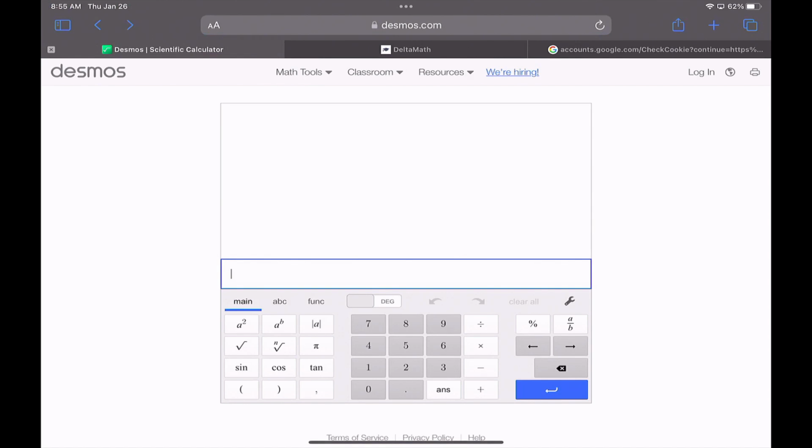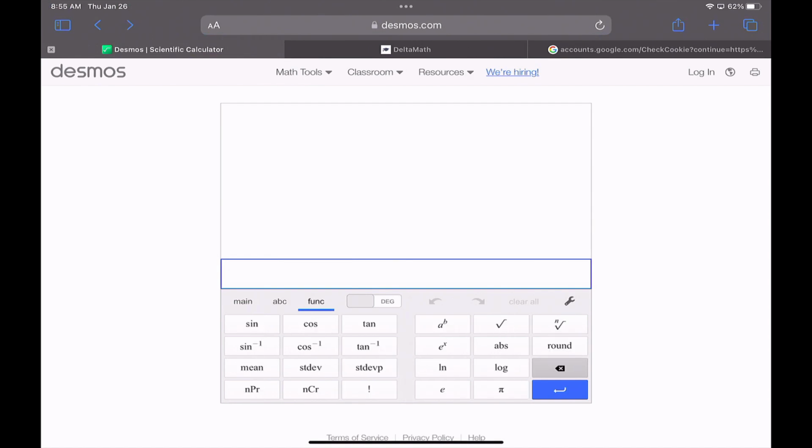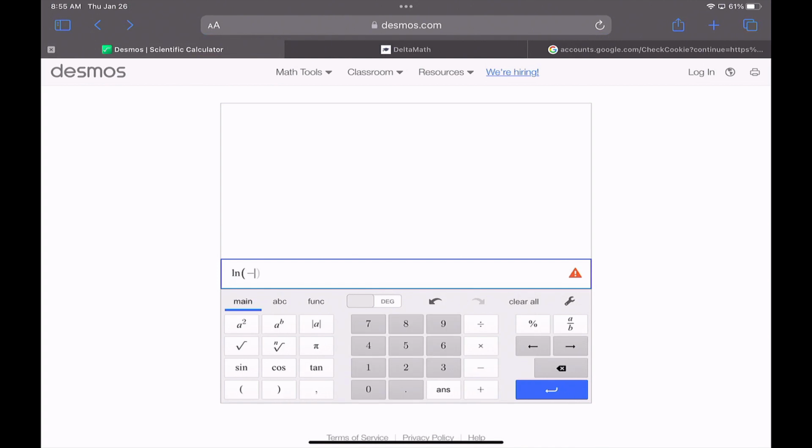Try to find, say, calculator, give me natural log of -2. It won't be able to do it, right? Because log means what power will make a positive number.